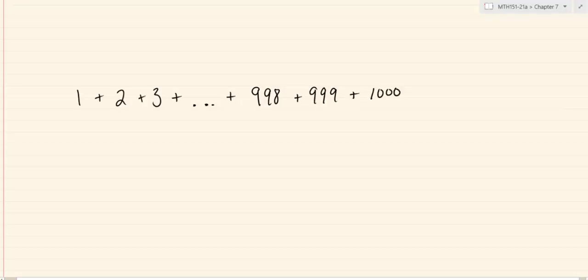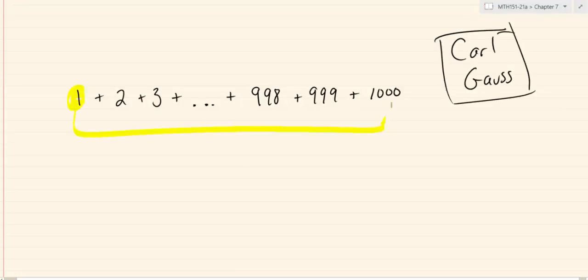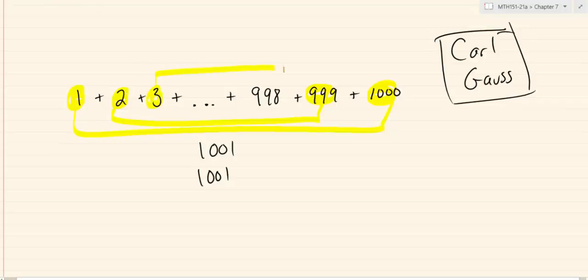So add up the first 1,000 digits. 1 plus 1,000 equals 1001. And then 2 plus 999 is going to be 1001. And 3 plus 998 is going to be 1001.